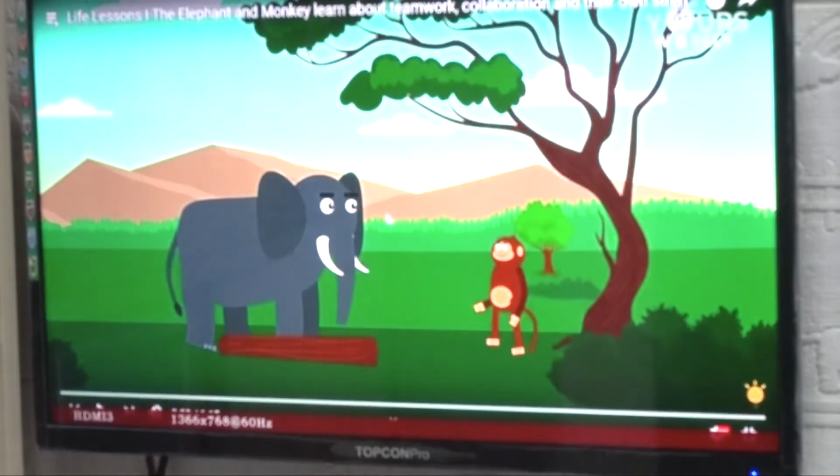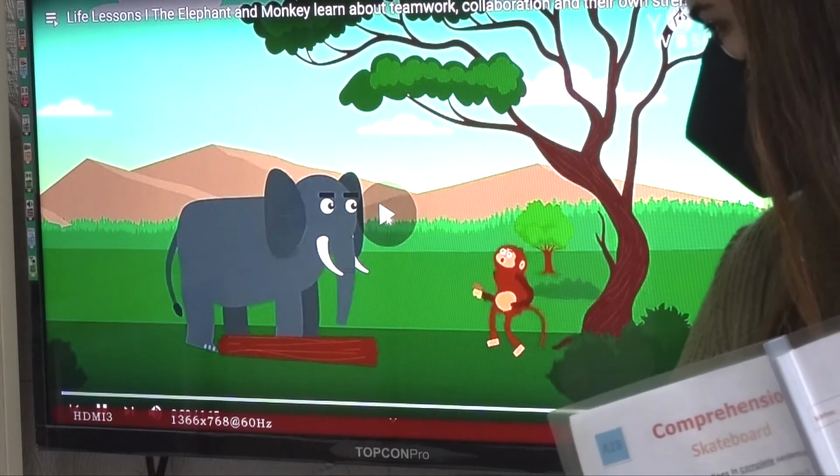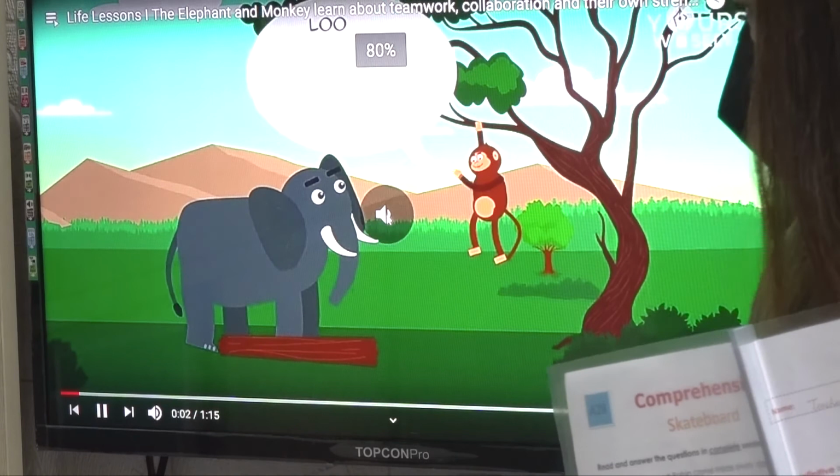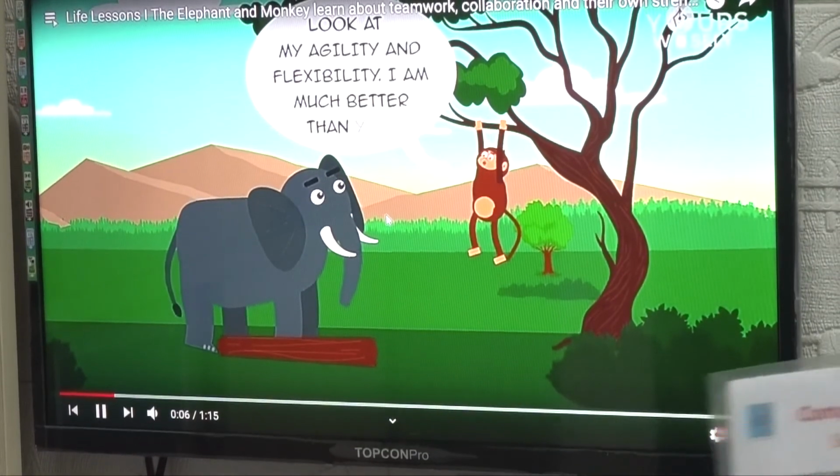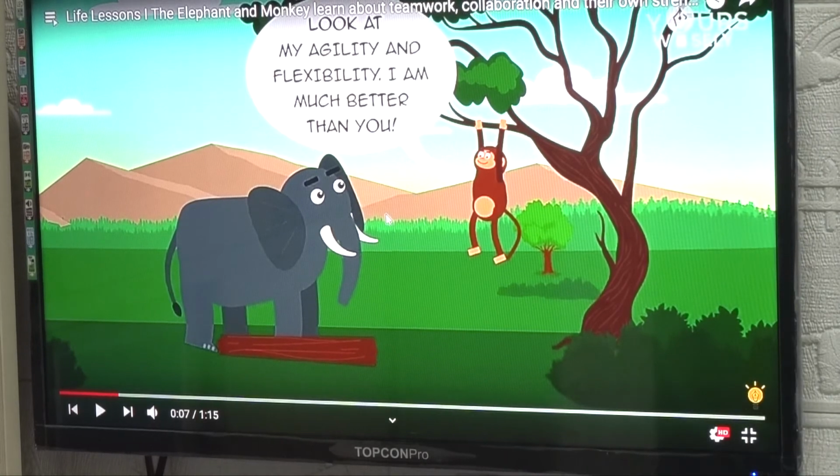Here we go. Alright, ready, steady, go! Yes, so cute, right?